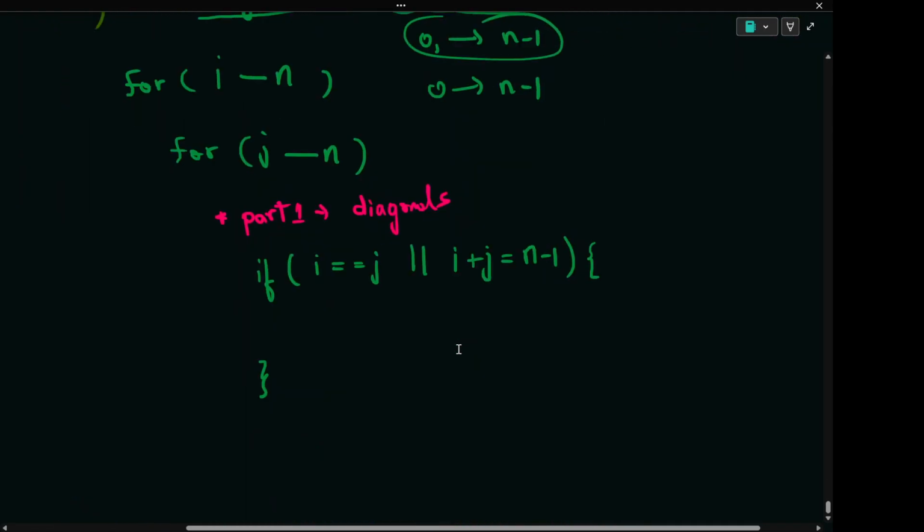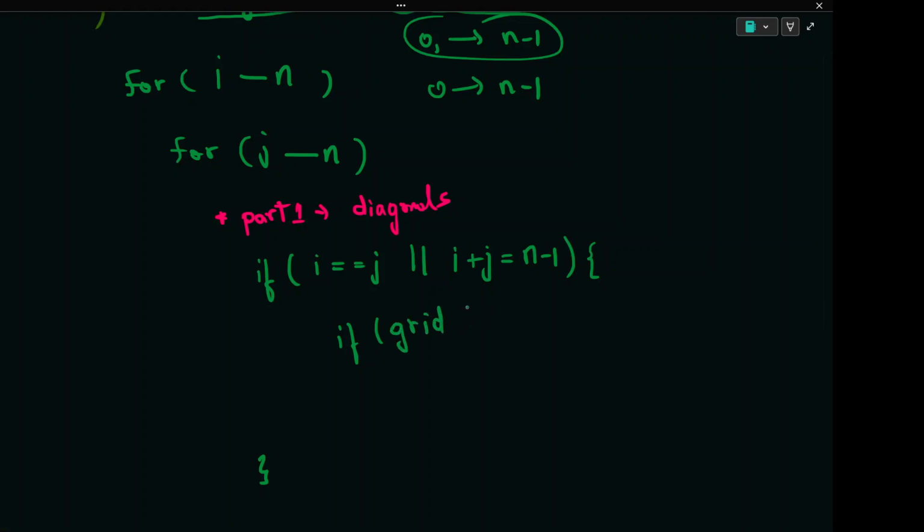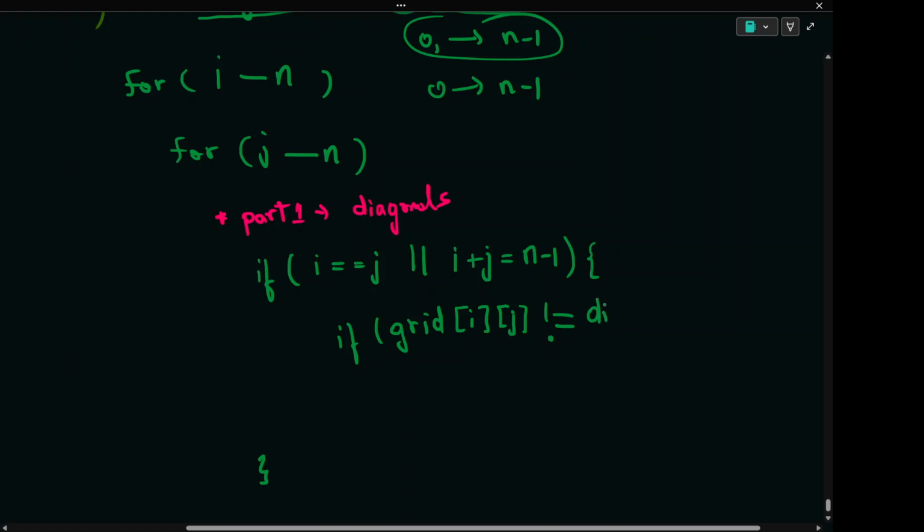So I will say if it is a diagonal, and then inside this, if the current element, that is grid of i and j, is not equal to diagonal, where diagonal is nothing but the variable, I will say print no. Why is this?